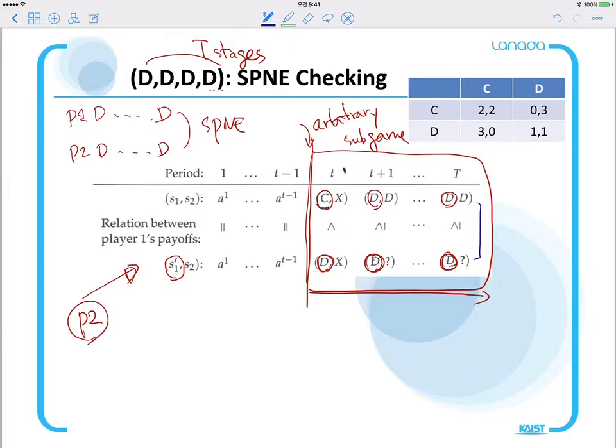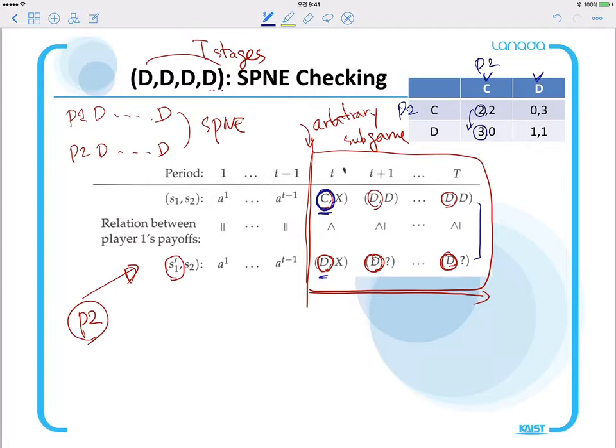So when we compare these two cases, if player 1 chooses C here, then we compare the payoff when player 1 chooses C or D. This is player 1 and this is player 2, and whatever player 2 chooses, C or D, I have a higher payoff when I choose D, right?